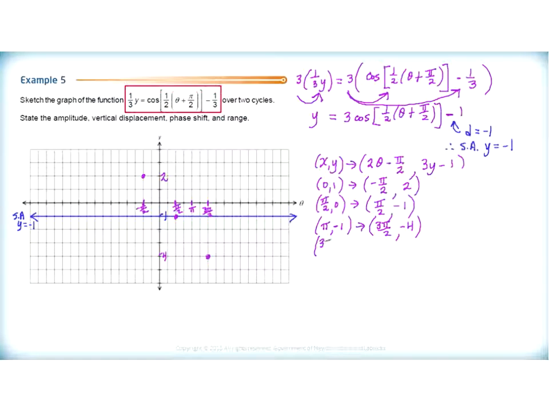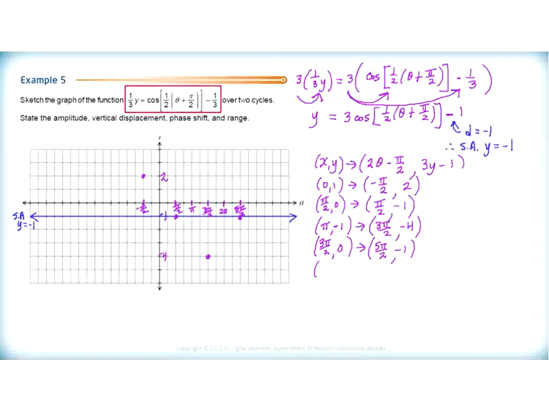And then we will go to the point 3 pi over 2 and 0. 2 times 3 pi over 2 is just 3 pi, which is the same as 6 pi over 2, minus pi over 2 brings us to 5 pi over 2, and -1. So this is 2 pi, which is the same as 4 pi over 2. Here's 5 pi over 2 and -1.